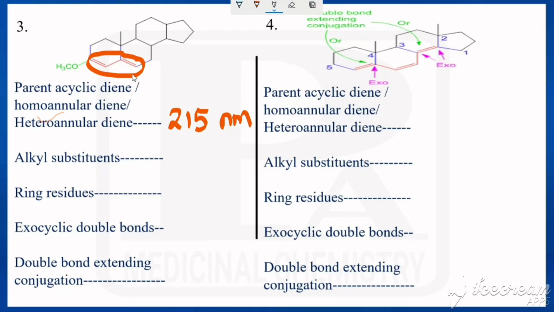We have to find the alkyl substituent. Look at this, it does not have any alkyl, so that is 0. Now come to ring residues. This is 1, this is 1, this is 1. So 3 ring residues. For 1 it is 5, for 3 it is 15.